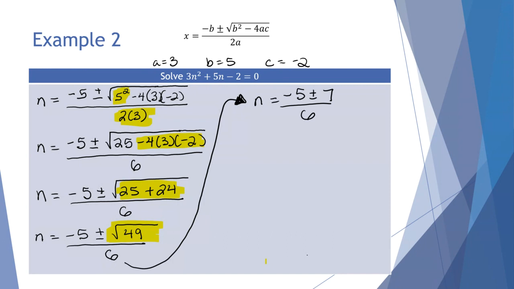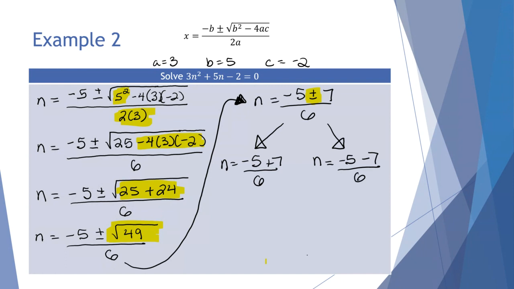We write this once with the plus sign and then once with the negative sign. Once you get this far, you need to do the plus or minus part by writing two equations. So the first one is n equals negative 5 plus 7 over 6. The next one is n equals negative 5 minus 7 over 6.